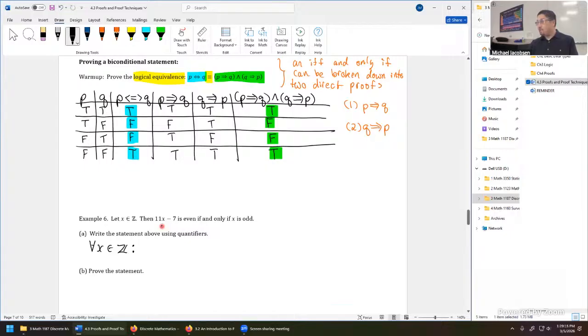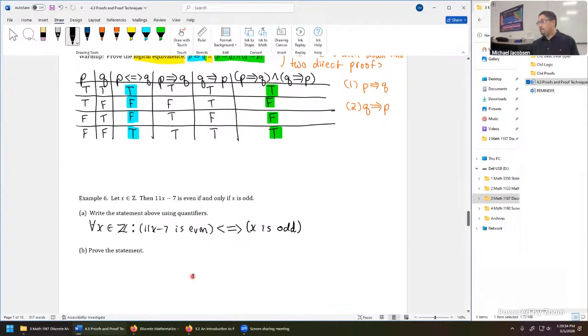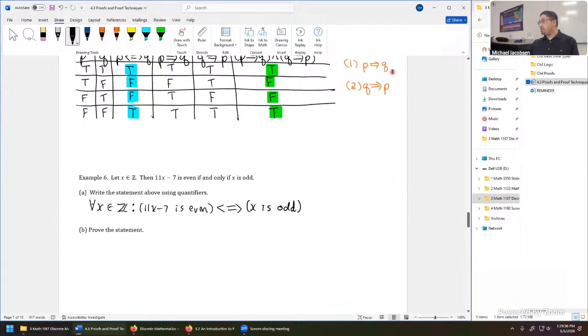I'm going to write it out this way. 11x minus 7 is even. Here's the biconditional, if and only if, x is odd. So that's our statement to prove. And thinking in terms of this is really just two direct proofs, we'll think of the left-hand side as being the statement P, the right-hand side as being the statement Q.